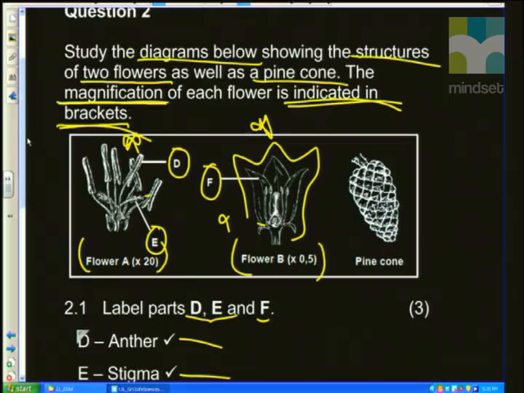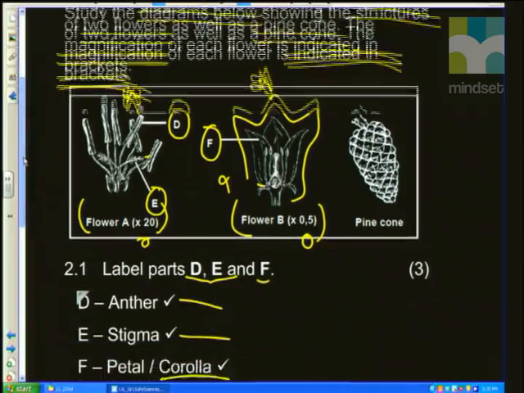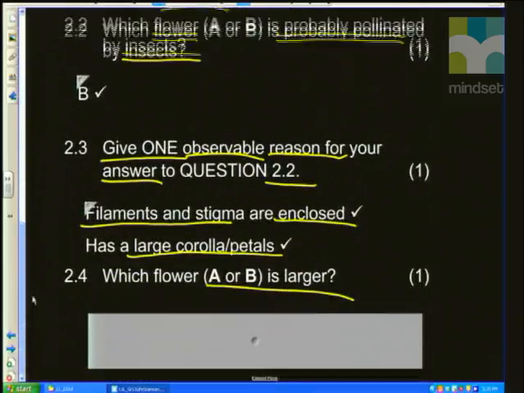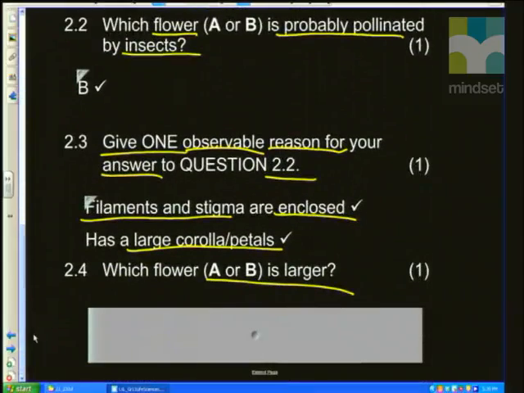Here we go. 0,5, 20. Which flower is bigger? Now watch this. 0,5, 20.